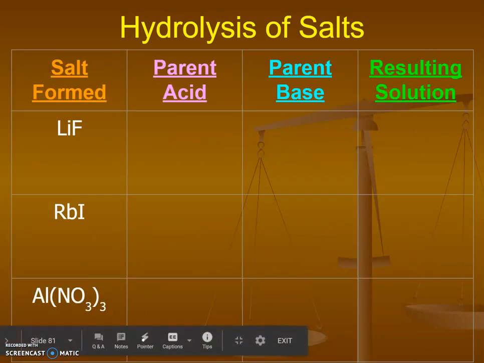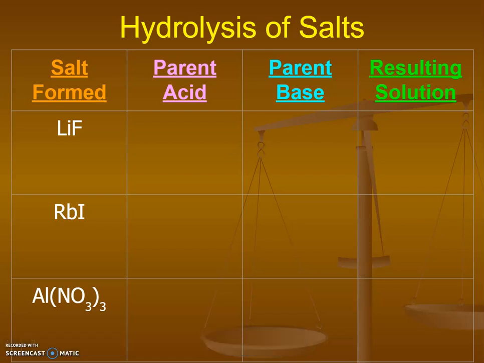All right, so here is our salt. And remember, we are kind of going backwards here. If we have our HA and our XOH making H2O and our XA, this is the salt that is formed. So we're going to do a kind of reverse synthesis in order to figure this out.